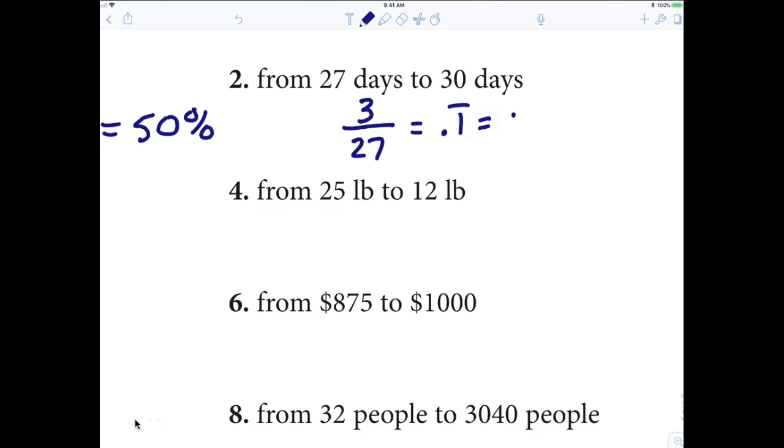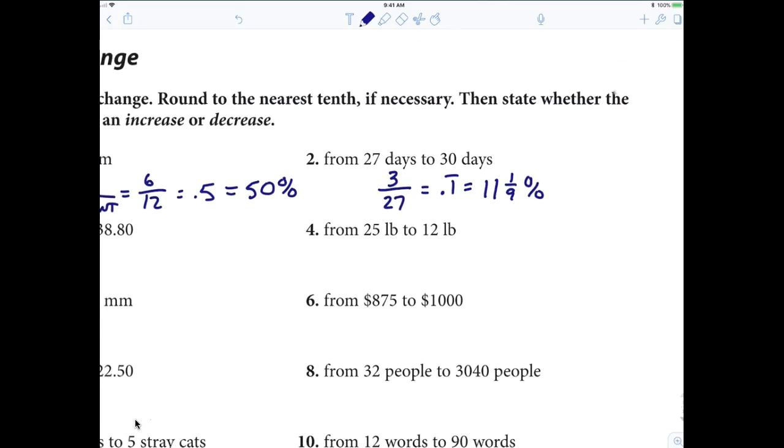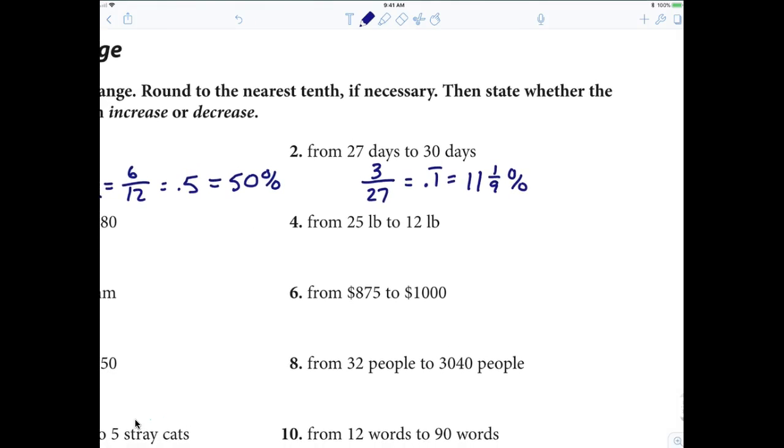So that would be 11 and 1/9%. Now, it says round to the nearest tenth. So if you wrote 11.1%, I'm totally happy.